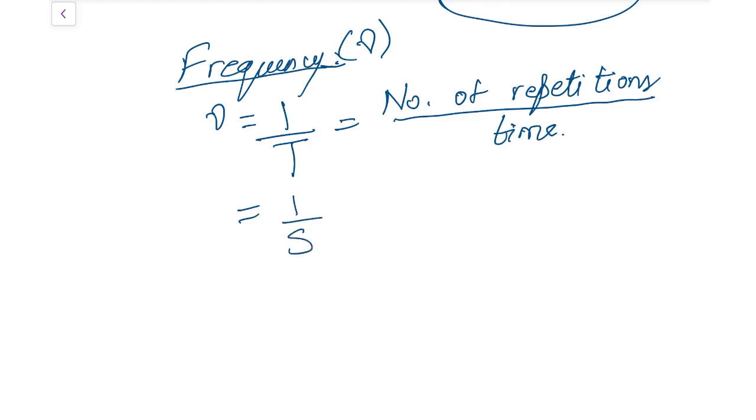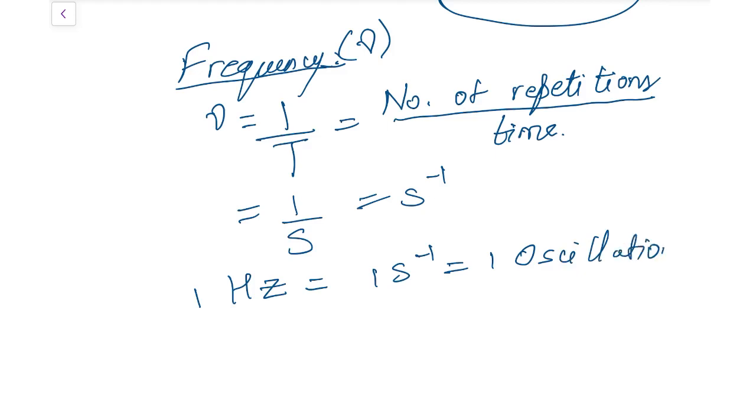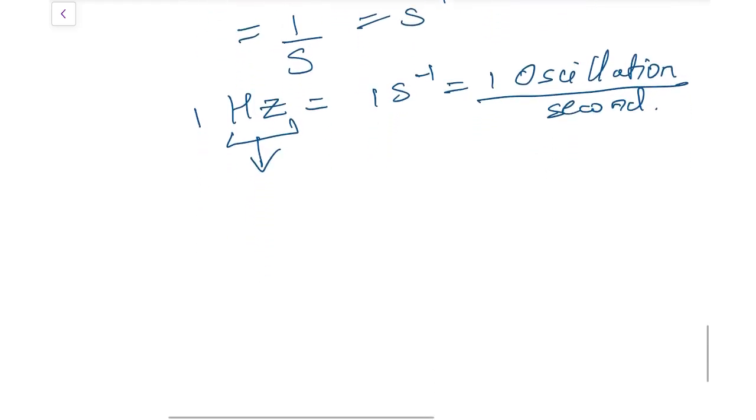One over second, since time period is in seconds, or we can say it is second inverse, but usually we call it hertz. 1 hertz equals 1 second inverse, or 1 oscillation per second. Hertz was named after the famous scientist Heinrich Hertz.